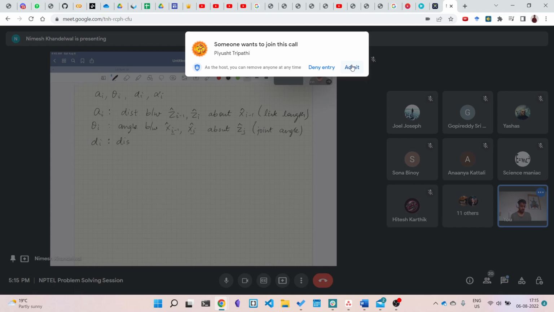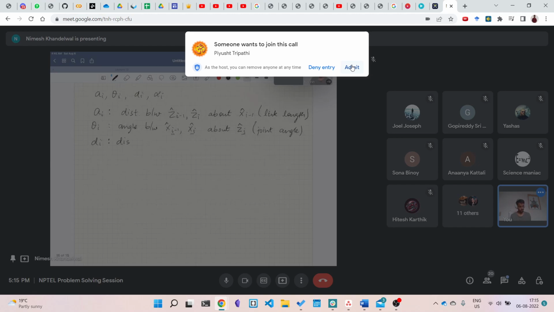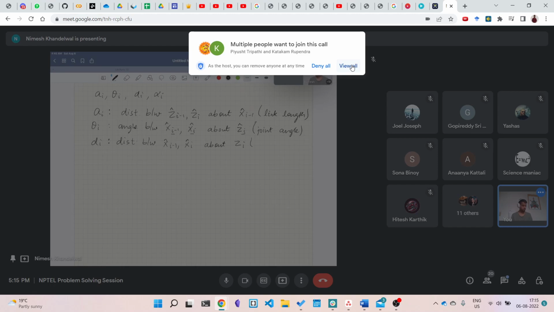How much are these two origins apart from each other in the vertical? What does vertical mean? Along the z-axis. How much are these two apart? So it is the distance between x i minus 1 and x i about z i.